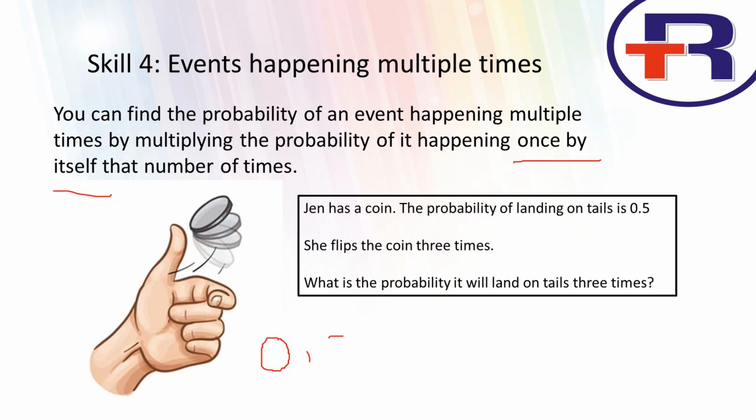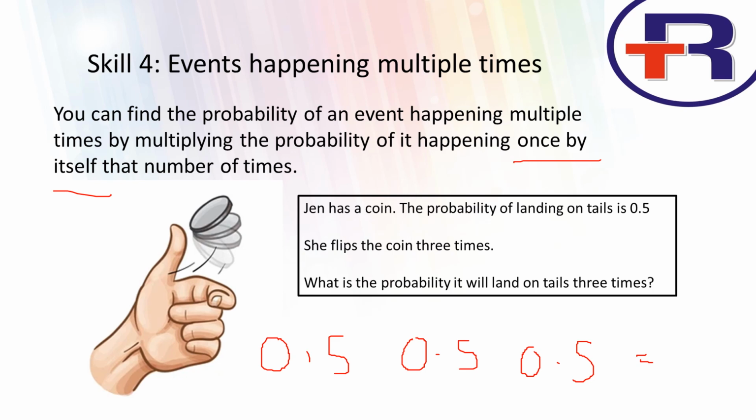0.5 chance of landing on a tail the first time. Again, it's a 0.5 chance it lands on a tail the second time. And it's the same. It's a 0.5 chance it lands on a tails the third time.